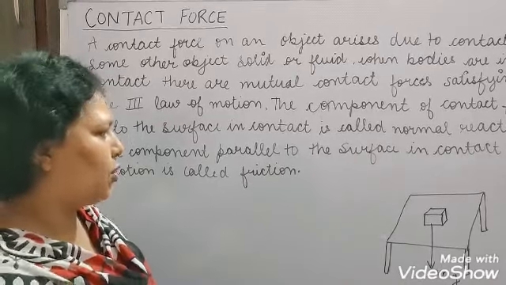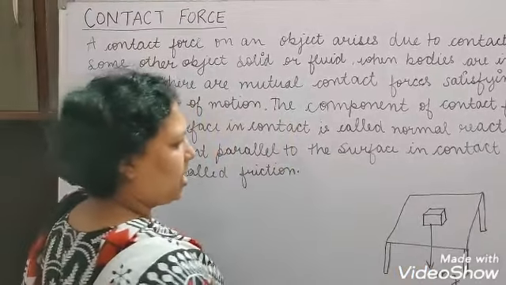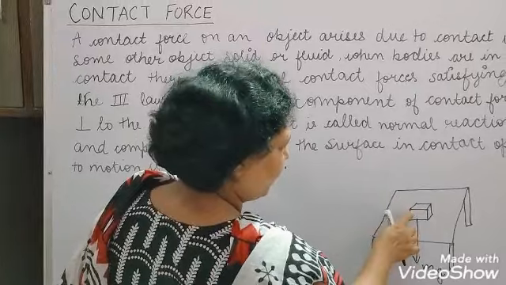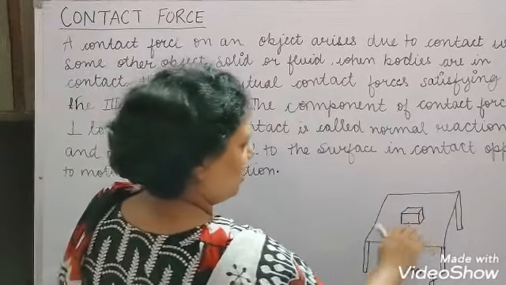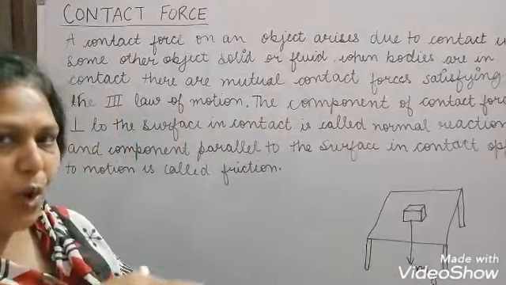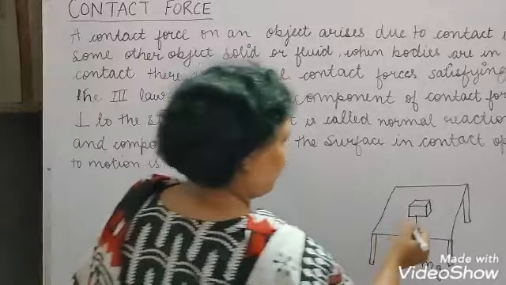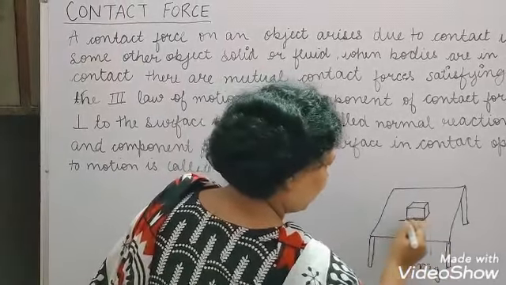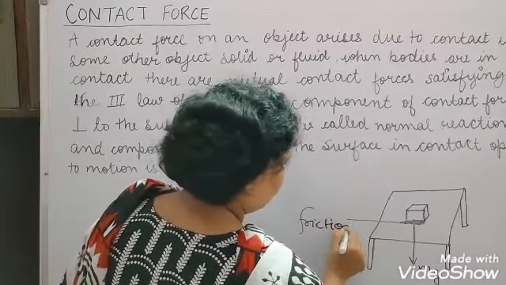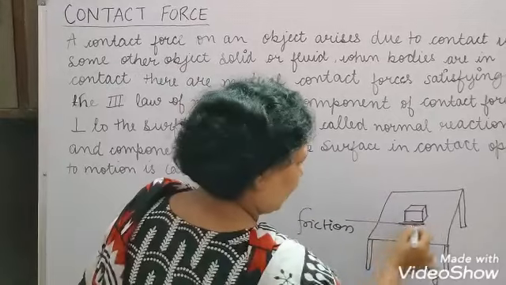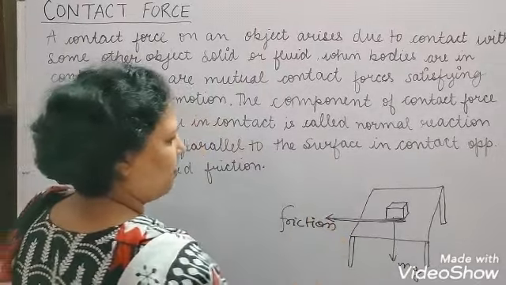Here, this is a table. Suppose a block of mass m is kept over here, and the weight of the block works perpendicular downward. At the surface of the table and the block which are in contact, a force will be produced, and the parallel component of this force is called the friction force, which always works opposite to the motion.